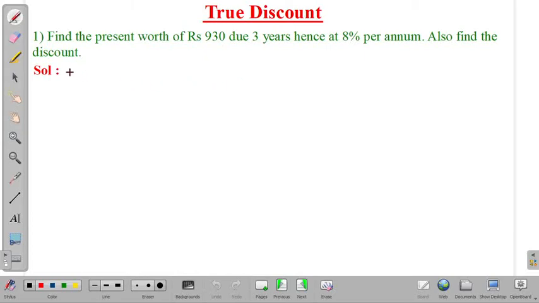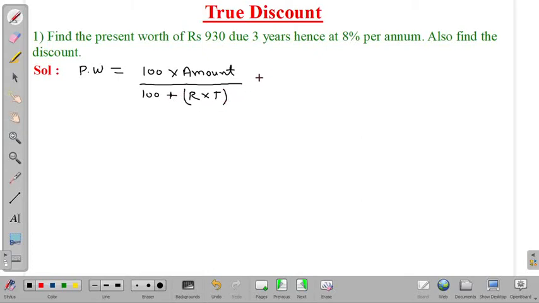Okay. So we can calculate present worth directly using the formula present worth equal to 100 into amount divided by 100 plus rate of interest into time. Okay.